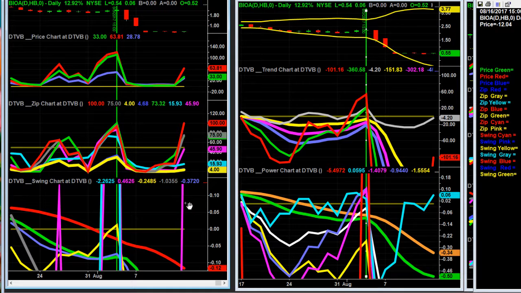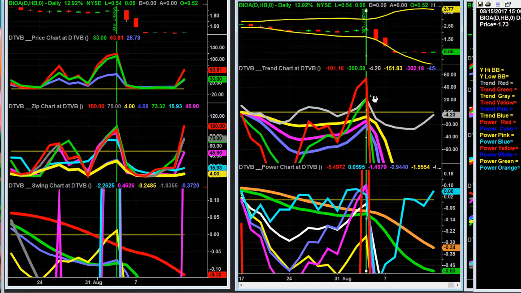But we also notice that swing red and green are both down under zero. And in the trend red chart, we have trend red at 54. That's a real nice place for trend red to be. It's in a low angle top, which means it's going down the next day. When trend red and green are mixed in amongst the trio, the yellow, pink, and blue, you usually get nothing.